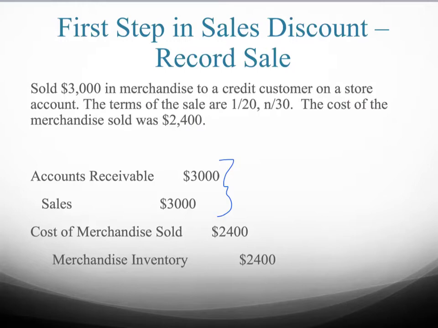Accounts receivable is an asset account with a debit balance. We're increasing it. And sales is our credit revenue account, and we're increasing it. Then we have our second piece, which deals with the merchandise inventory. So we are going to reduce our inventory account with a credit, and we're increasing our cost of merchandise sold, which is our expense account. Same as before.